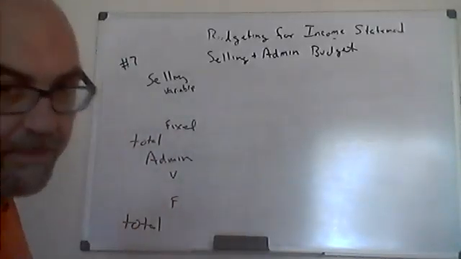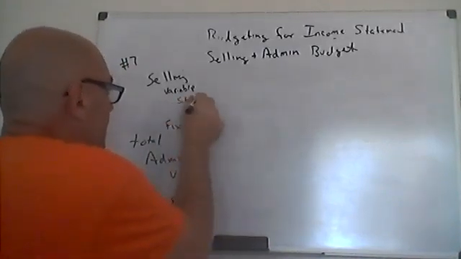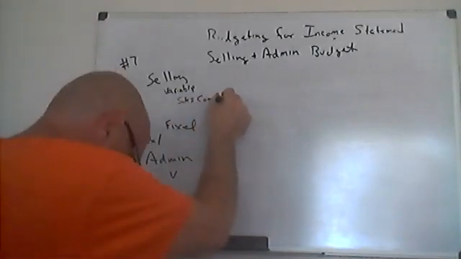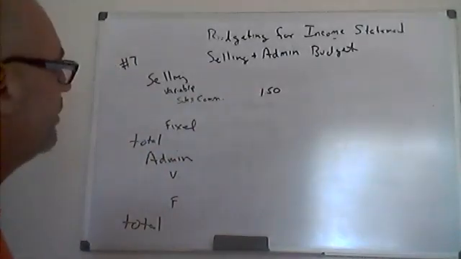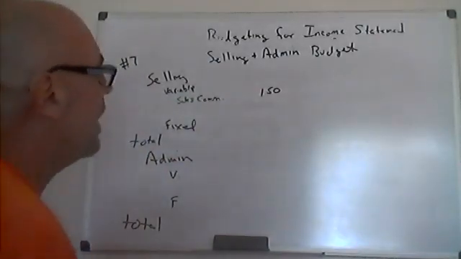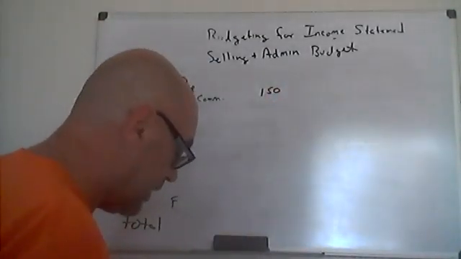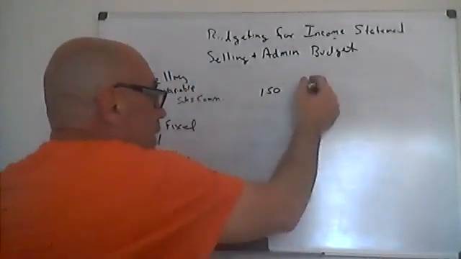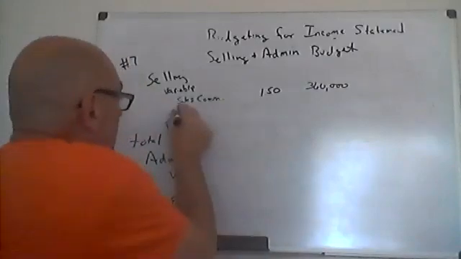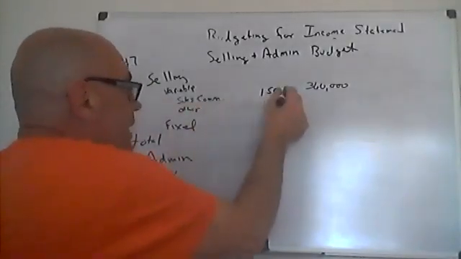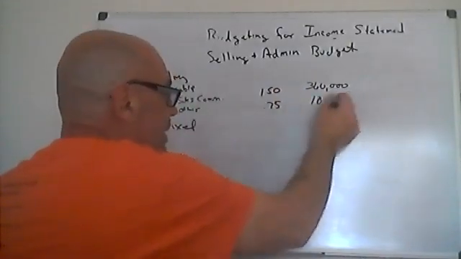and a total administrative. So in our question here, our variable, we have sales commissions, and $1.50. Remember, we expected to sell 240,000. So $1.50 times 240,000 equals 360,000. We have other at 75 cents. 75 cents times 240,000 gives us 180,000.